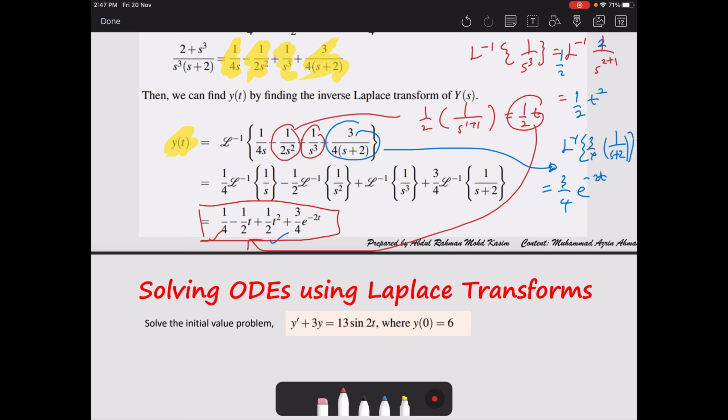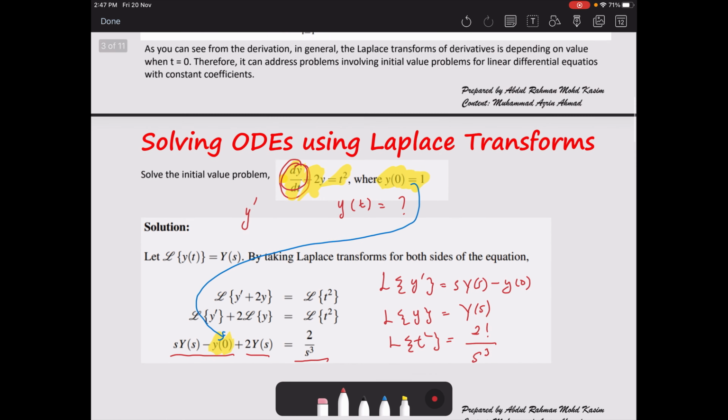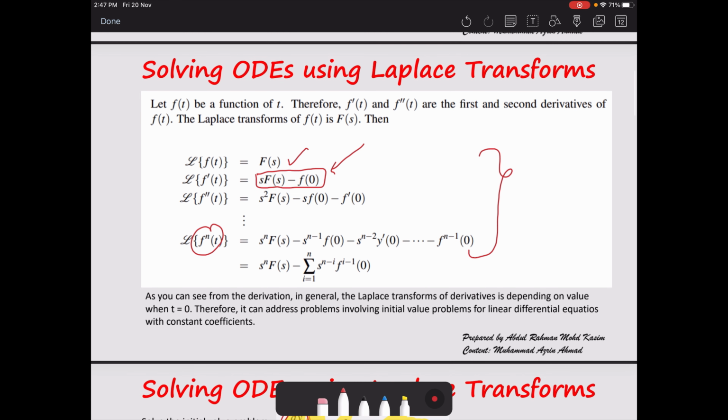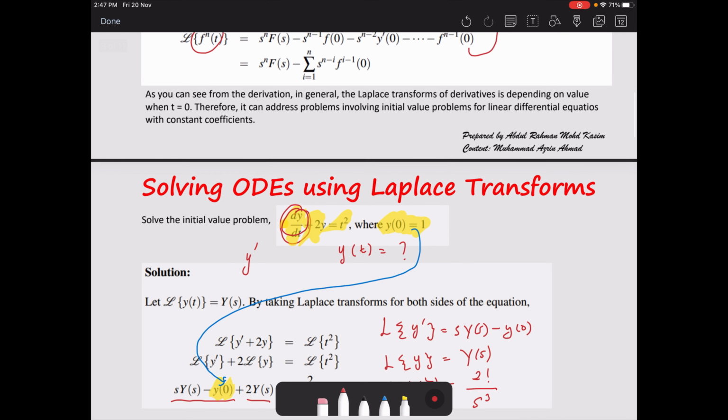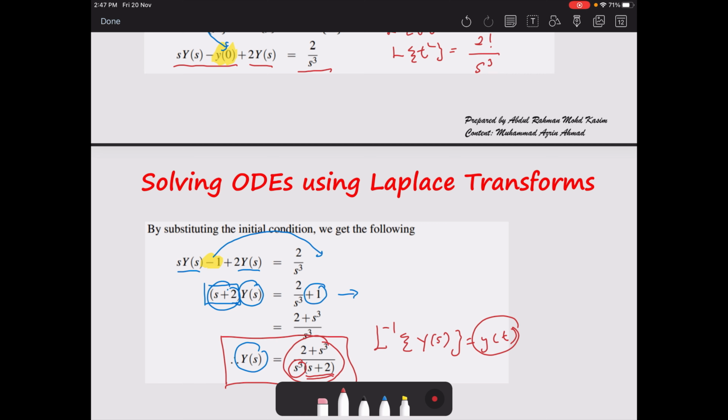So I think it's just a matter of steps. What you need to do first is Laplace transform every term from the left hand side and the right hand side. And later on, when you already have the left hand side and right hand side, you need to find back the t, so you inverse it.